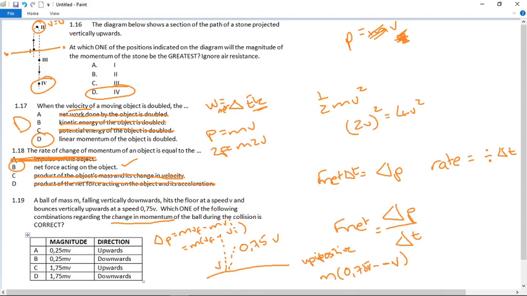And the change in momentum, this is a positive value, it is going to be upwards. So this answer has got the right magnitude, and this answer has got the right direction. So because we said up is positive, my answer was positive. There we go, 1.1.9. The final answer here is going to be C.